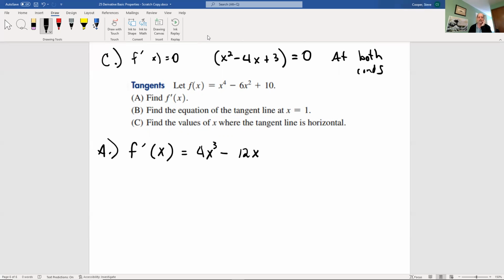So that went fast. So we want to find the equation of the tangent line at x equals 1. Okay, so we've seen this before. This is always a little more work than we might think, because this only gives us the slope of the line at x equals 1.